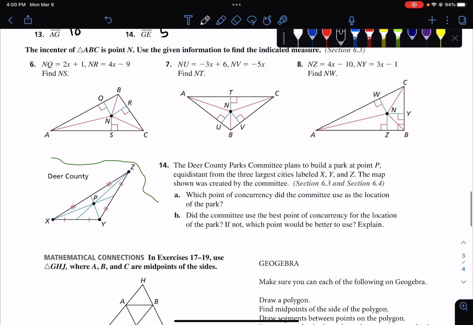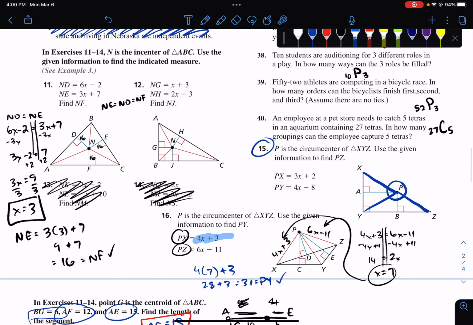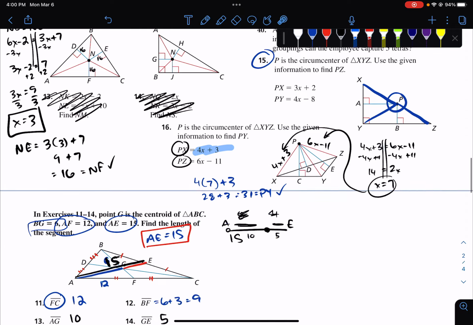You know that these three lengths are the same, so set them equal to each other, solve for x. What I need you to be careful of is when you find x, you've got to remember to plug it back in. So if you're just jumping on the video to get help on these three, rewind and watch how we did number 11, because it's exactly the same idea, okay?